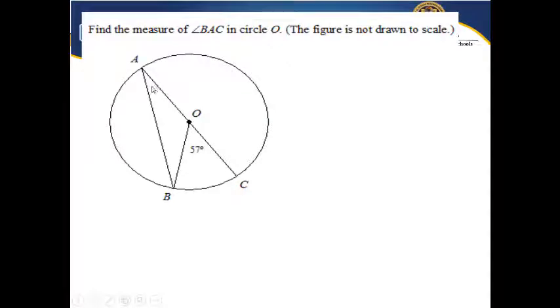And we know that the measure of angle BAC, as this is an inscribed angle, equals half the measure of arc BC, the intercepted arc. Then the measure of angle BAC equals half of 57, which is 28.5.